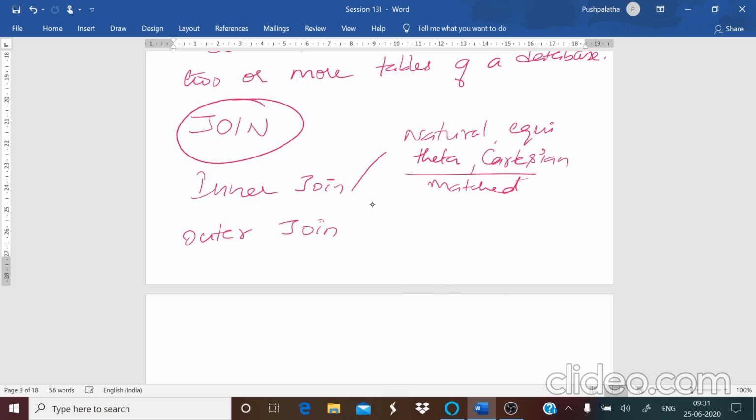If the records are matching, only then it will work. And again you have outer join. It works on your unmatched records. That is left outer join, right outer join and full outer join. These are the different types of joins you have.